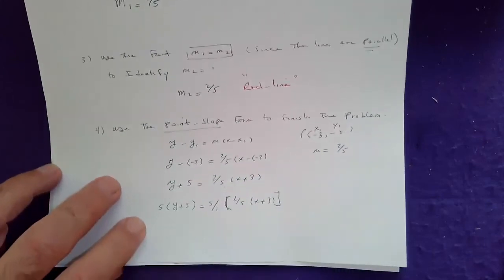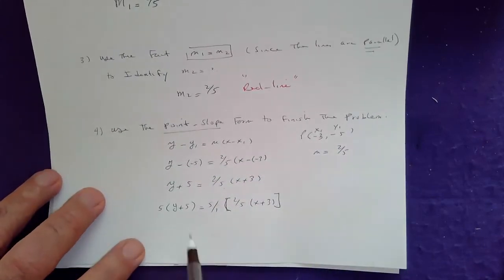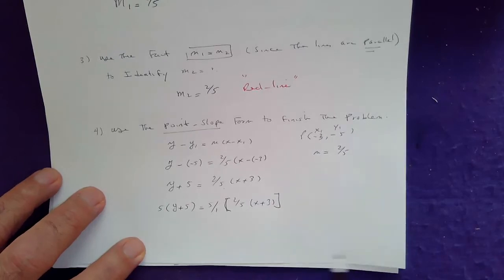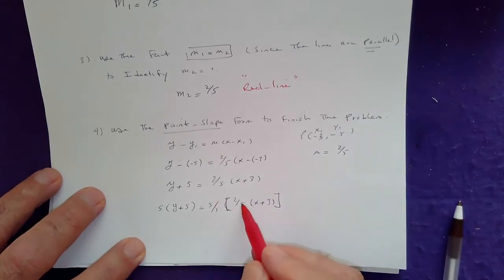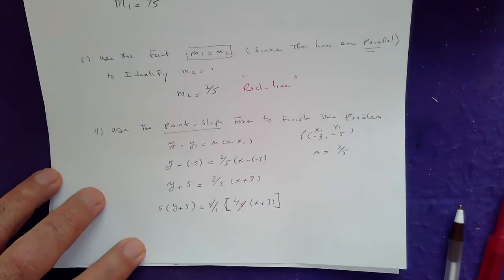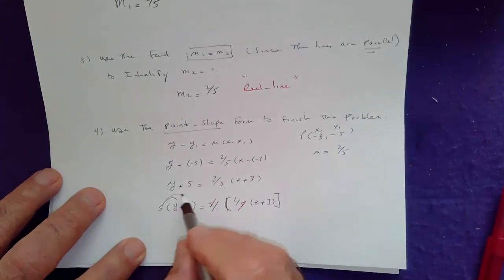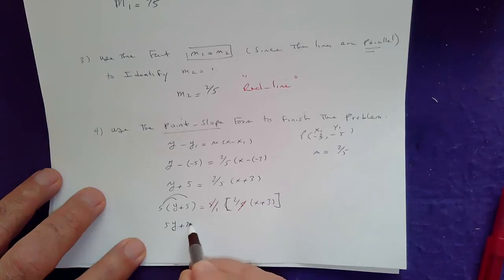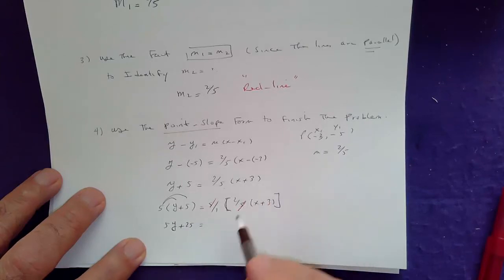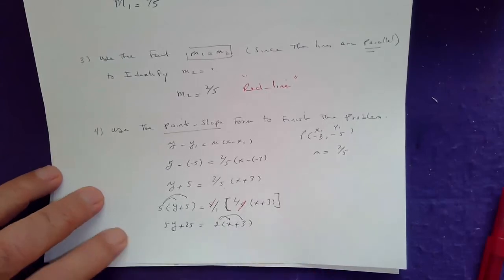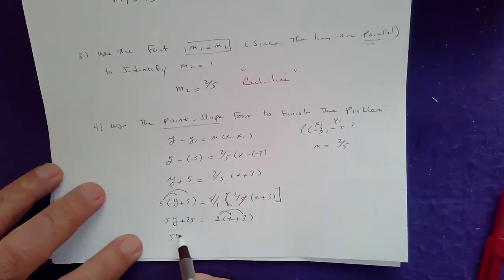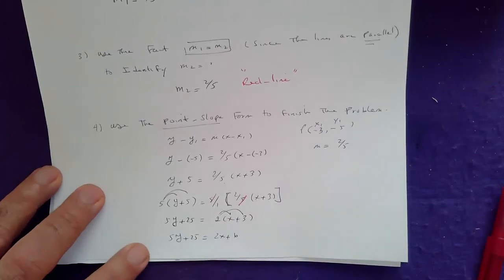The beauty of multiplying both sides by 5 is these 5s cancel on the right side. All you have to do is distribute the 5 here, so you get 5y plus 25. Now distribute the 2. Remember, 2 doesn't cancel, it's still there. So this is 5y plus 25 equals 2x plus 6.